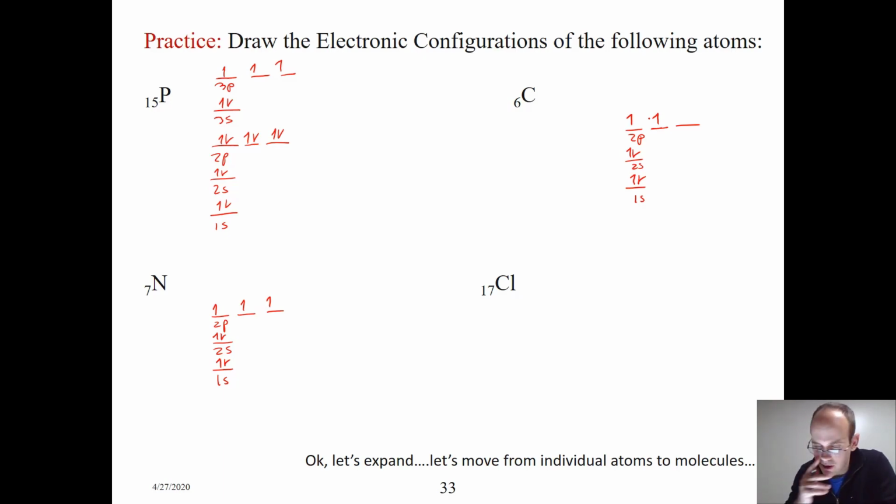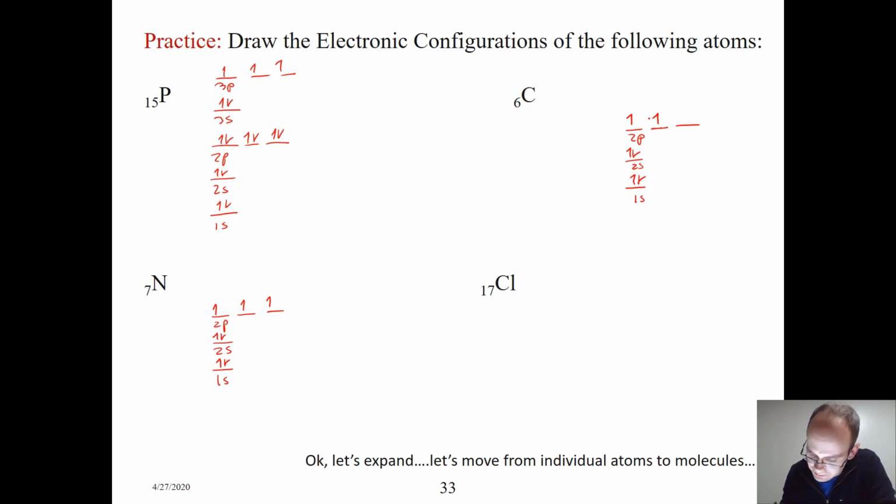1, 2, 3, 4, 5, 6. Notice, as in all of these, I'm filling from the bottom up, right? I'm never putting two of the same spin electrons in one orbital, and when I get to degenerate orbitals, I'm putting them spin parallel in first, and then I'll go back and fill them if I have enough.